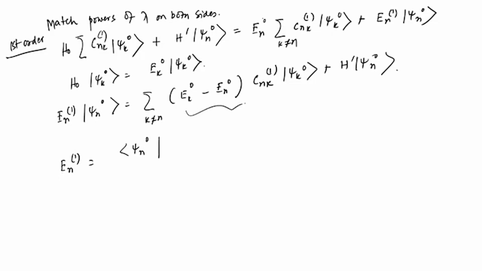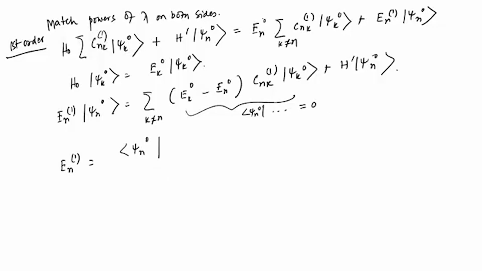The first term on the right hand side, when you take an overlap with psi n 0, gives you 0, because n is not equal to k, and this n and k are different labels of the wave function corresponding to the unperturbed problem, and each one of those psi n 0 is orthogonal to the psi k 0 when n is not equal to k. So, that eliminates the first term on the right hand side, and you are left with this.